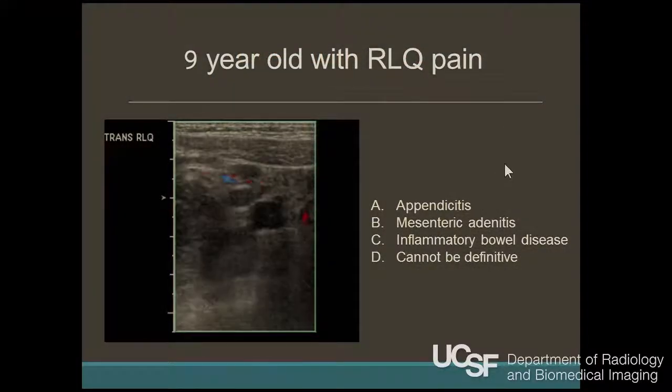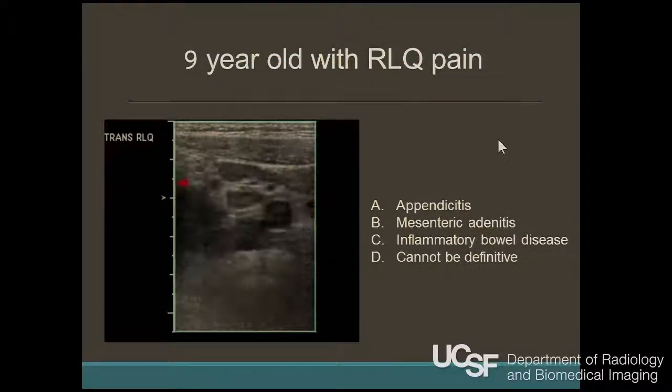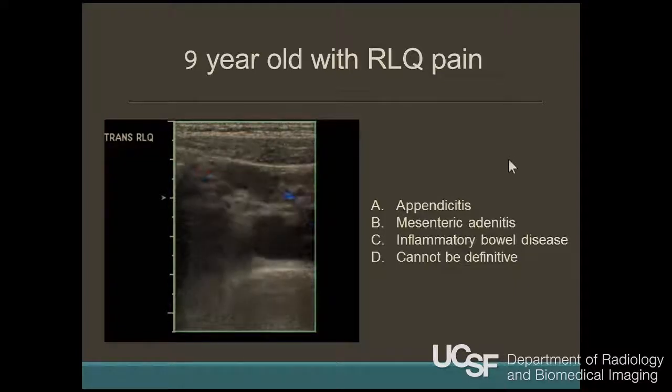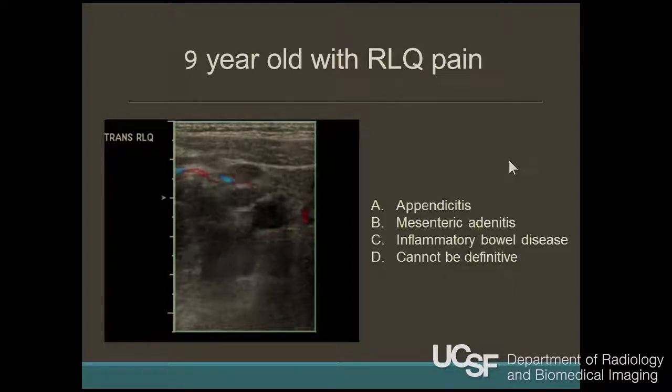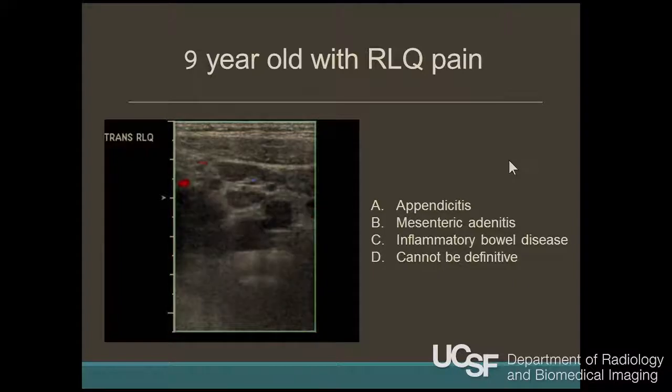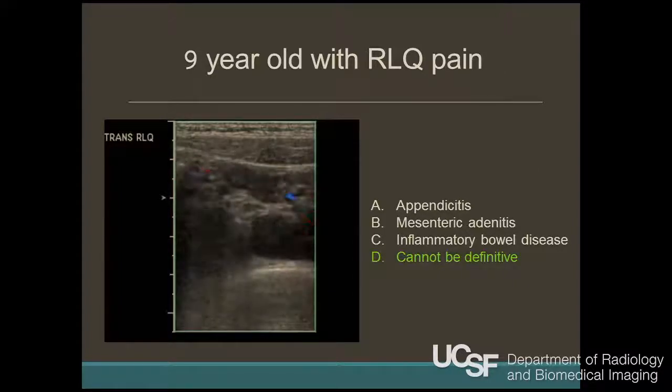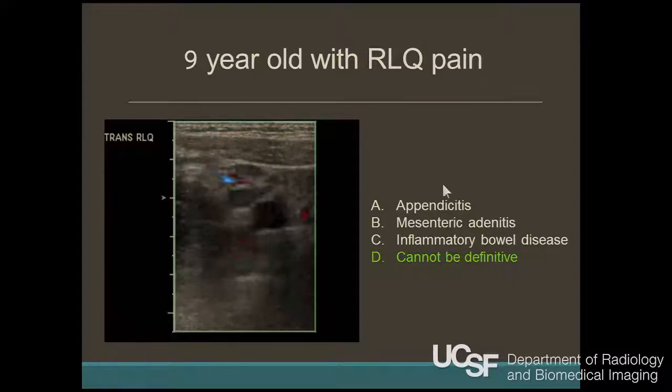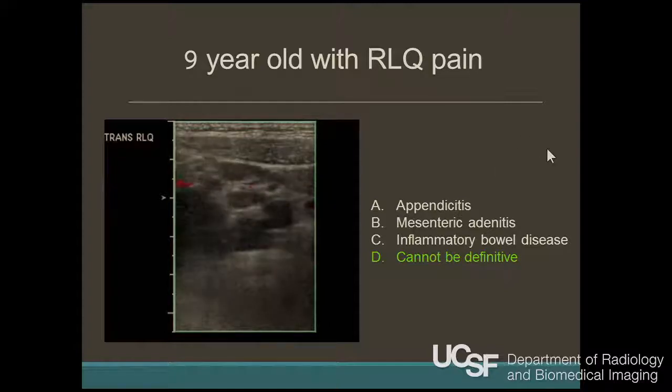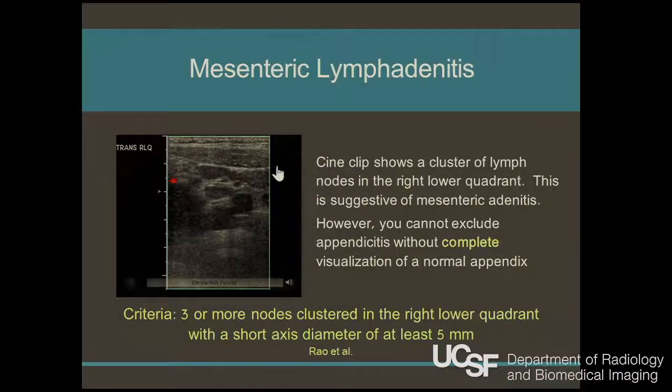So here's a 9-year-old with right lower quadrant pain. And the answer in this case is we can't be definitive. It is one of these things, but we don't know for sure. So what we did see here are multiple enlarged lymph nodes.